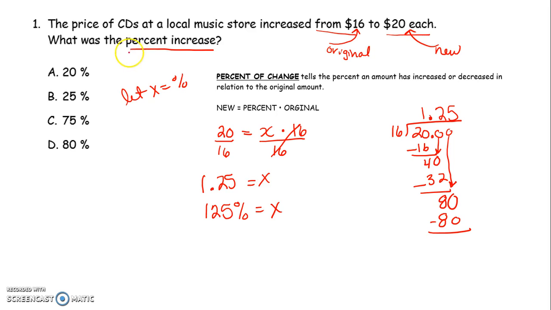But we don't yet have the percent increase. We know the new price is 125% of the original. So what was the increase in percentage? Well, the original was 100%. What percent did we add on to that to get up to now paying 125%?